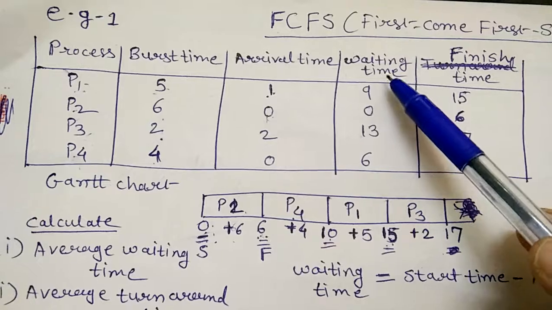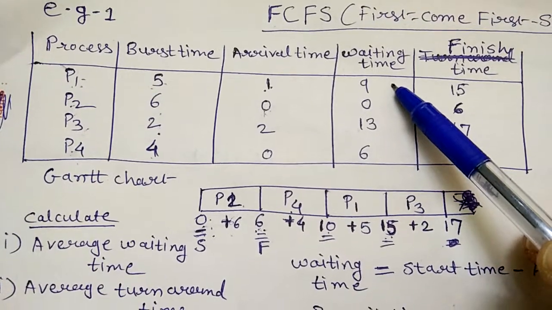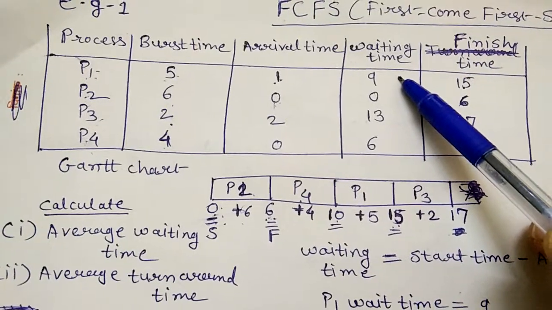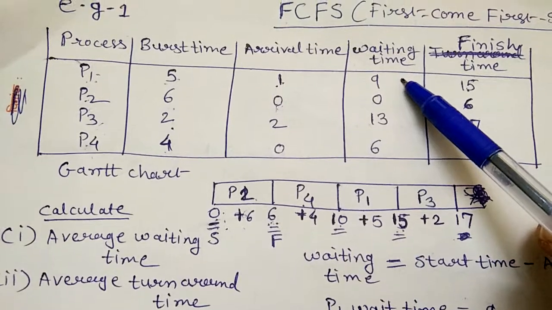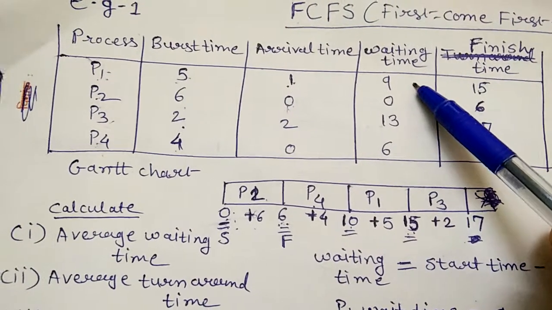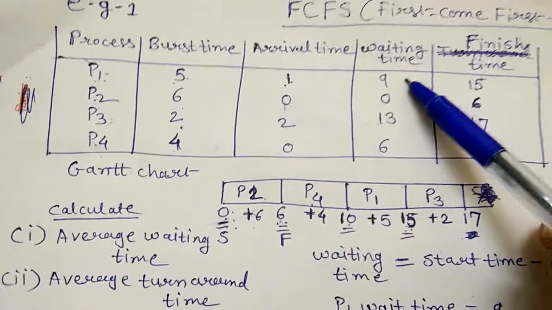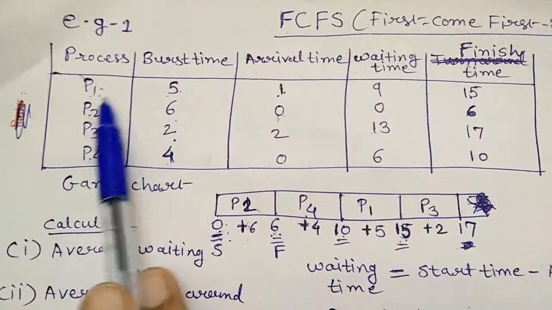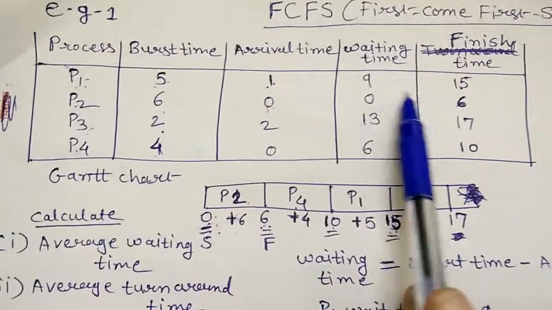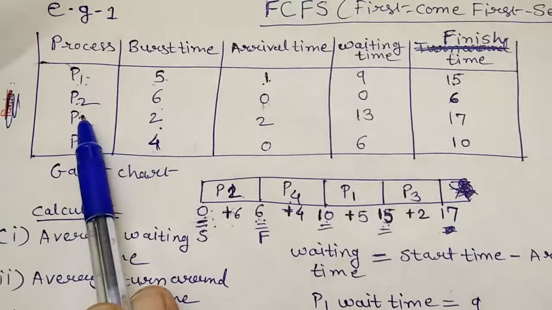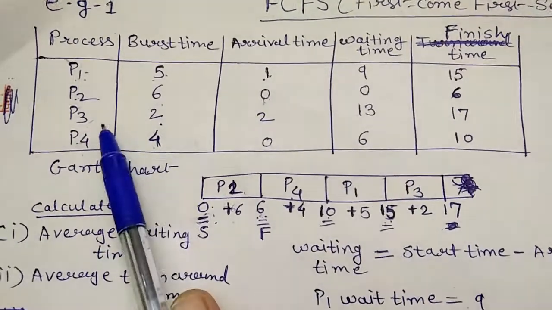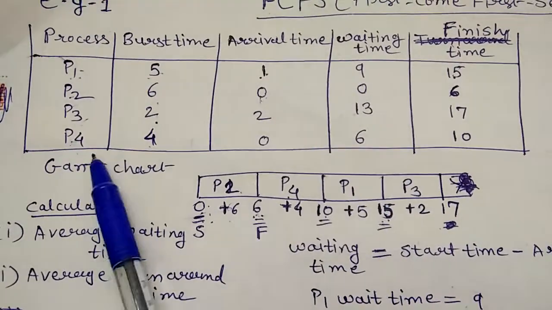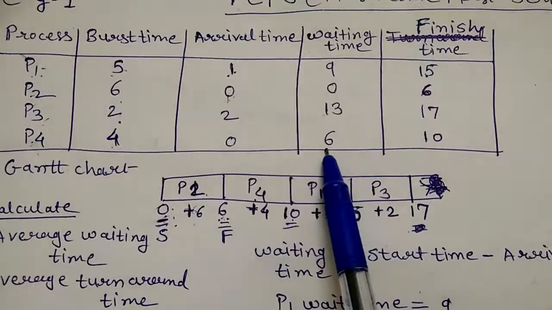Now, the waiting time for an execution, that means our process is waiting for an execution. The P1 waiting time for an execution is 9, P2 is 0, P3 is 13, P4 is 6.